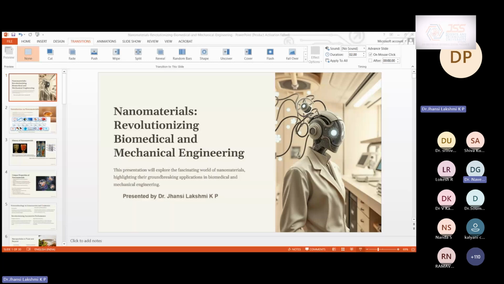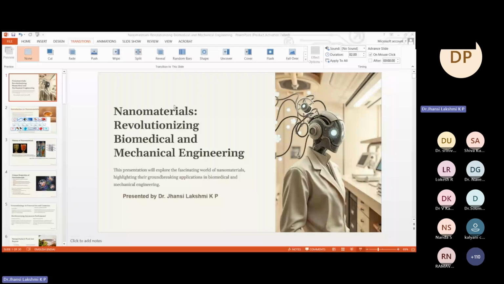Copper in its bulk form, as we all know, is malleable and soft, and also opaque, whereas in its nano state, copper becomes transparent and hard. Exactly opposite natures are seen in nano-sized particles.